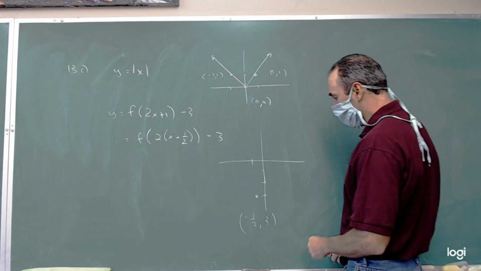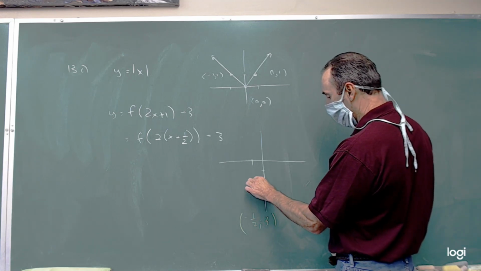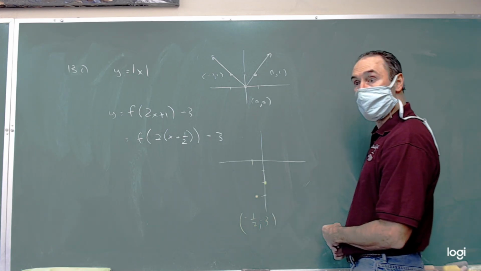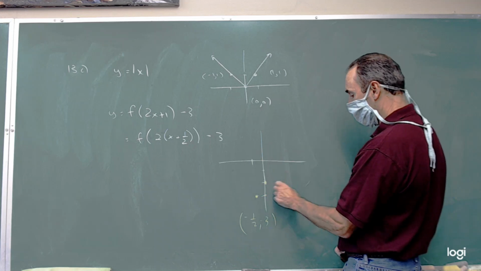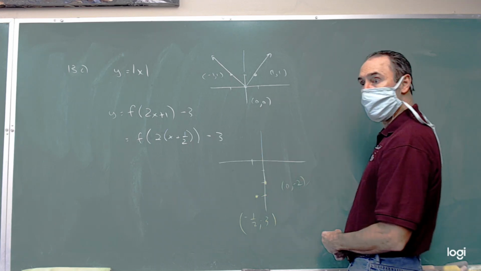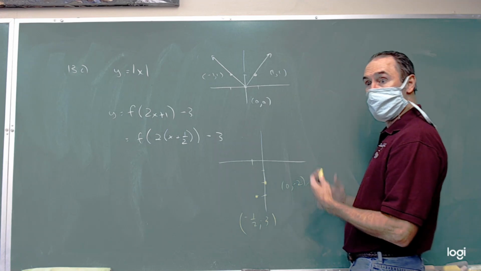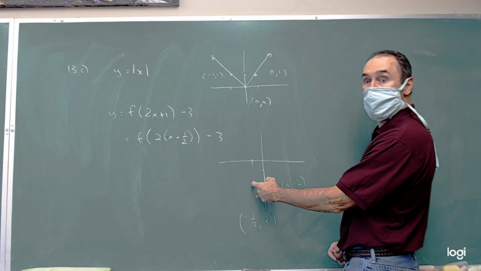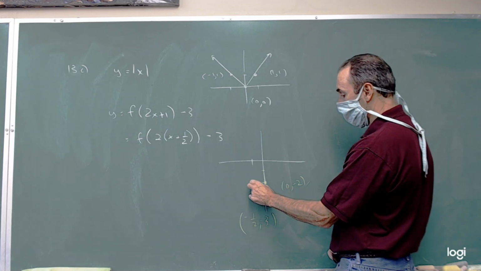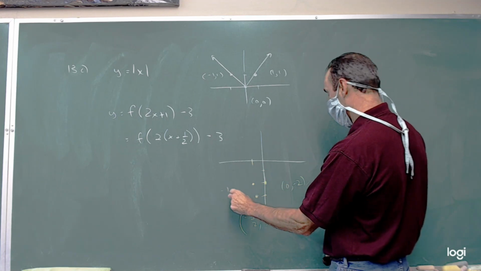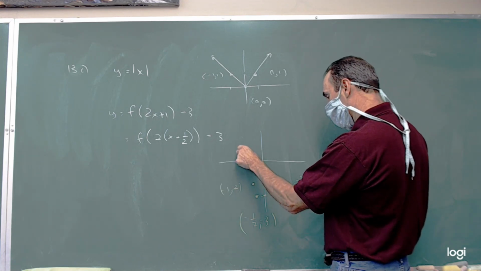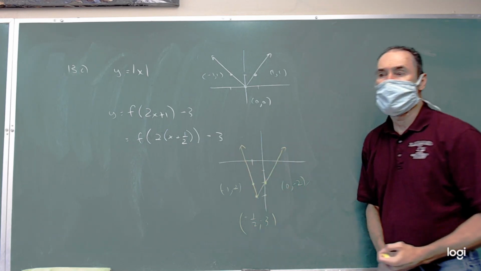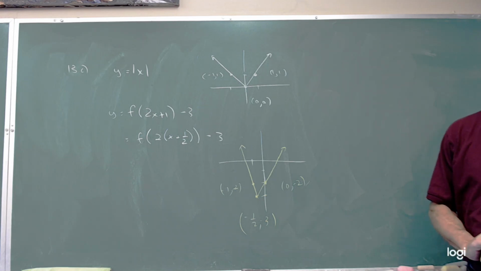Since we're at -1/2, that puts us right here on the y-axis, and that point is 0, -2. Because of the symmetry of our absolute value, we can also go up 1 and over a half the other direction to the left, which puts us at -1, -2. Then these are going to be straight lines coming out there, and that's what I'd be looking for on that question.